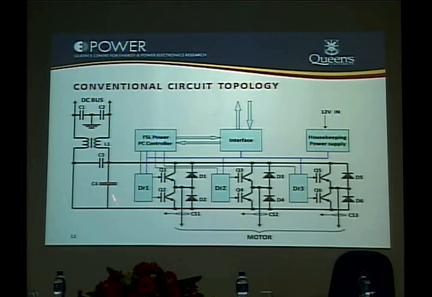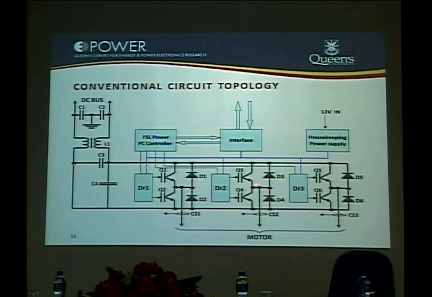So in order to reduce the size of this capacitor, we must have the switching frequency of this inverter as high as possible. But as we know that we are using the IGBT, switching this IGBT at high frequency is not very practical. If we are switching around 10 kilohertz, then perhaps that is the right frequency.